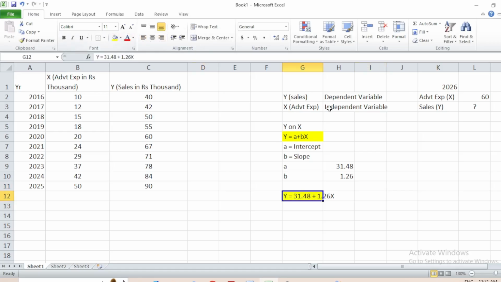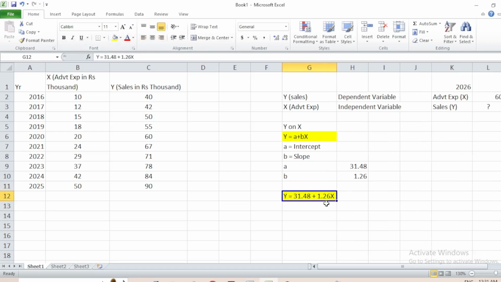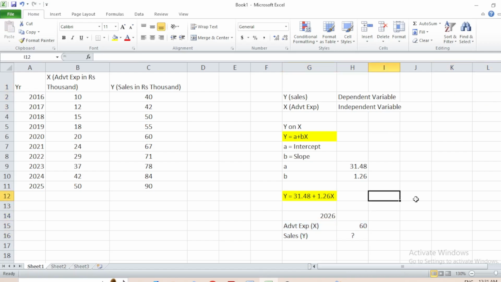Now naturally the question comes, how are we going to use this regression equation? Remember, our original question was, if in the year 2026 the planned advertisement expenditure is say 60,000, what would be my sales?